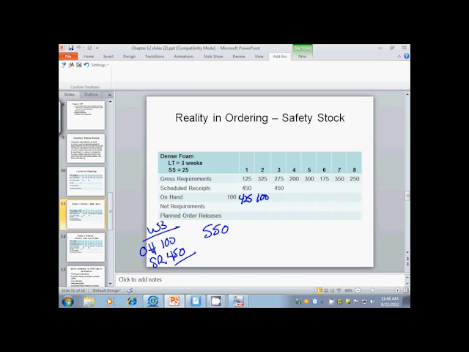In week 3, we plan on using our gross requirements of 275. This gives us left over 275 units. Again, is that bigger than our 25 safety stock? Yes, it is. So again, we are good to go. The end of week 3 left on hand is 275 units.